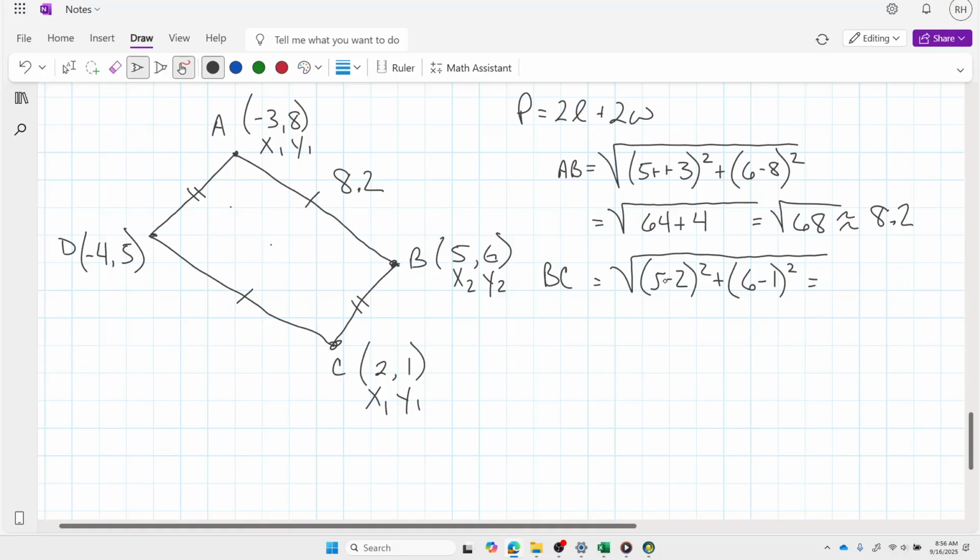So 5 minus 2 is 3 squared is, what's 3 squared? 9, plus 6 minus 1 is 5, and 5 squared is 25. And 9 plus 25 is 34. And the square root of 34 is 5.8. So side BC is 5.8.